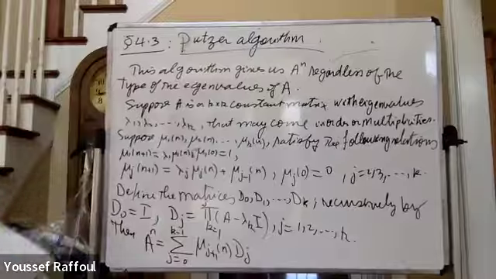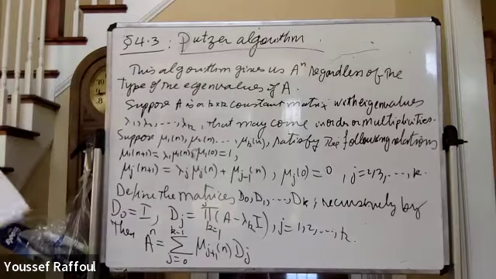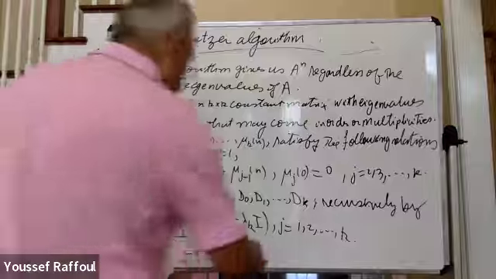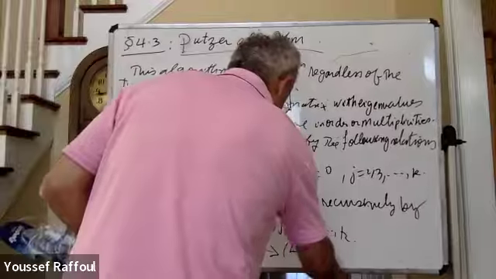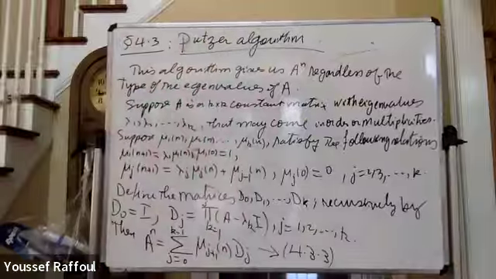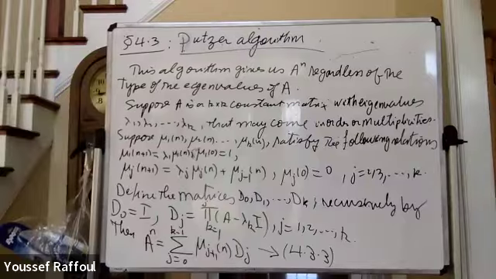Okay? And that is 4.33. I am going to skip the proof. The proof is in the book. Instead, I'm going to concentrate on an example.